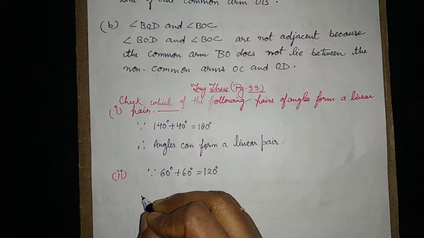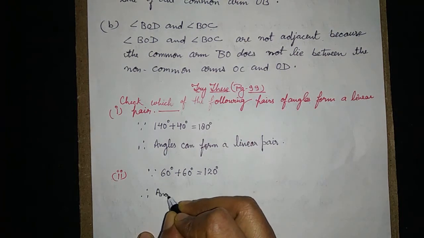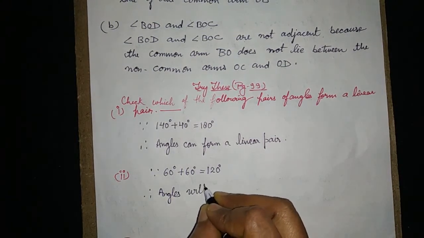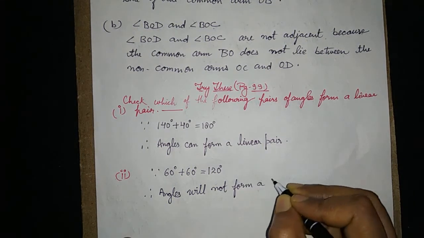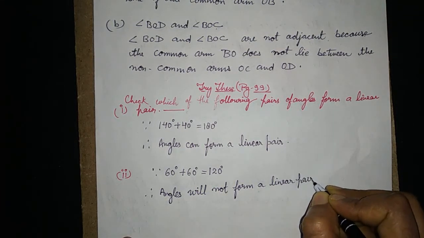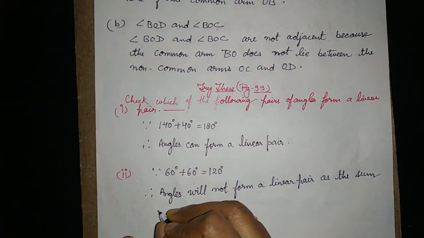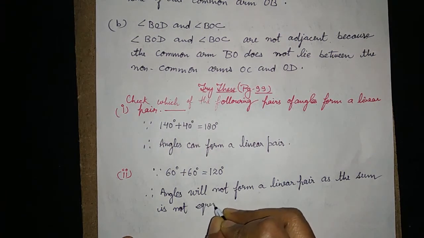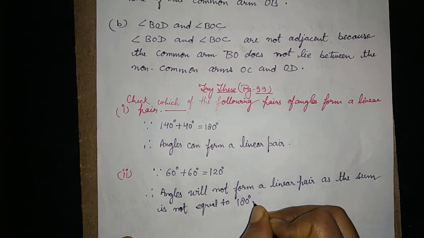So here you will write, therefore, here angles will not form a linear pair as the sum is not equal to 180 degrees.